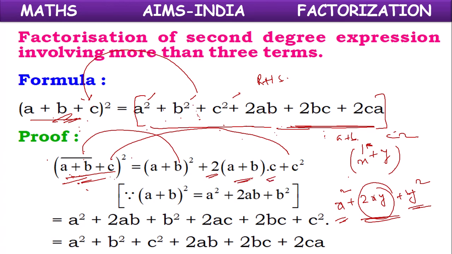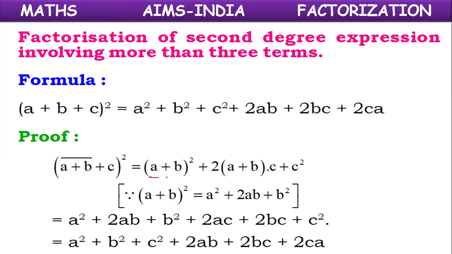So why we have written like this means because of this formula, a plus b whole square equal to a square plus 2ab plus b square. So now again, a plus b whole square means a square plus 2ab plus b square, 2 into a into c, it will become 2ac, 2 into b into c, 2bc, plus we have c square.